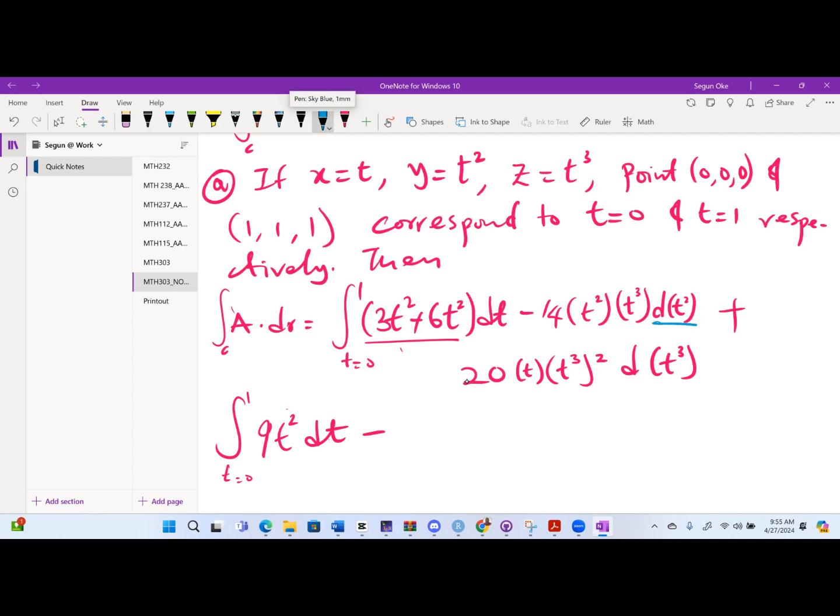Yes. This one means differentiation. So it simply means I will have 14 in t squared, t cubed, because this d, we don't need it. We only need the t, right?